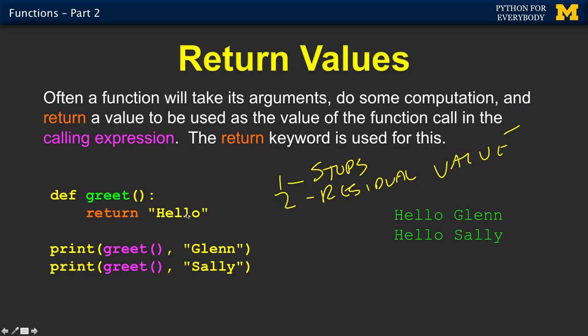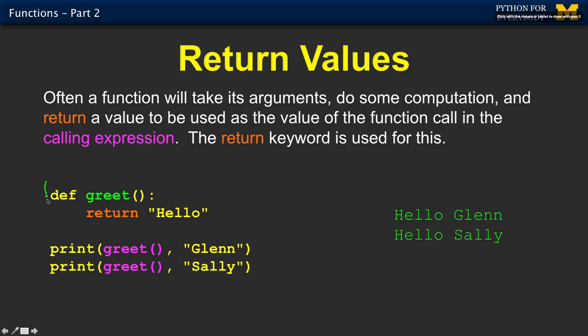So by saying return, if we come in here, and so we do this, then we're in the middle of this print statement, so it sort of pauses here, and then it runs this code, and then the return says, oh, this little bit that was the function, send that back right there. So that means that this is really print hello Glenn, which prints out hello Glenn.